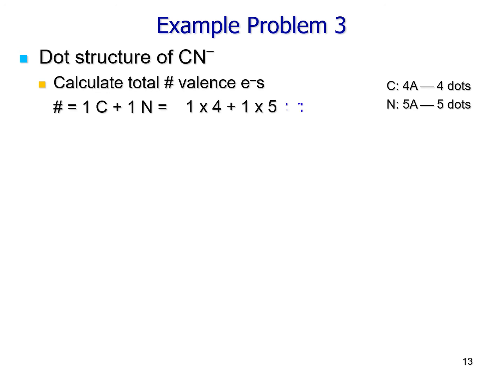We're not done because we need to add one more electron. Why the one more electron? Because cyanide, CN minus, has one extra electron because it's one negative charge. So that is why we make it a total of 10 electrons.